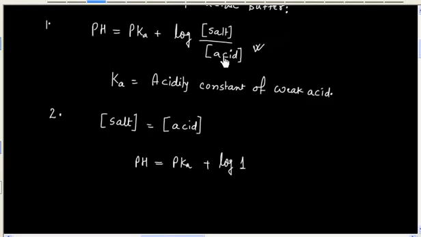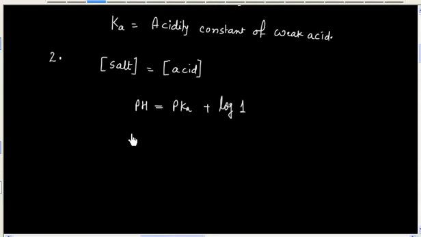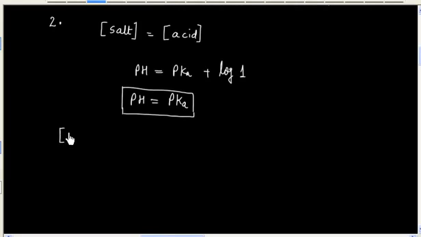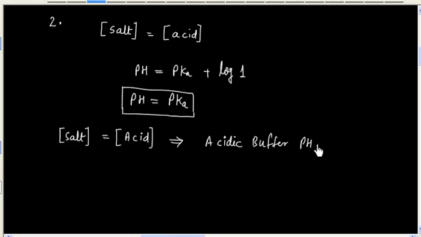Because these two concentrations are equal, so we will have log 1 and log 1 is 0, so pH is equals to pKa. So when concentration of salt is equals to concentration of acid, in that case acidic buffer will have pH equals to pKa.